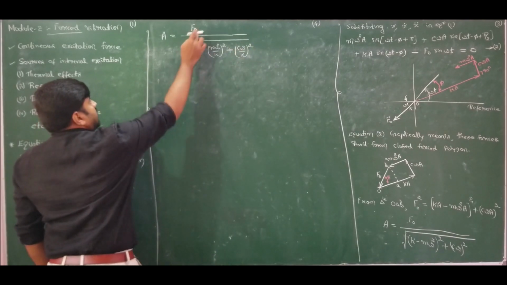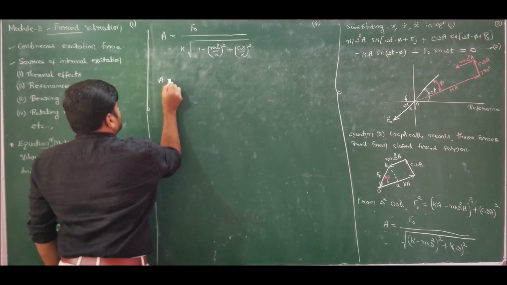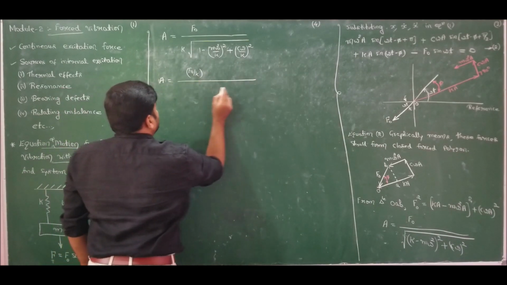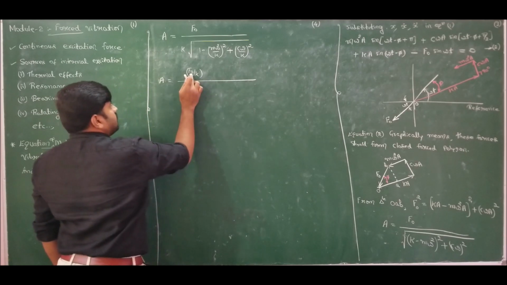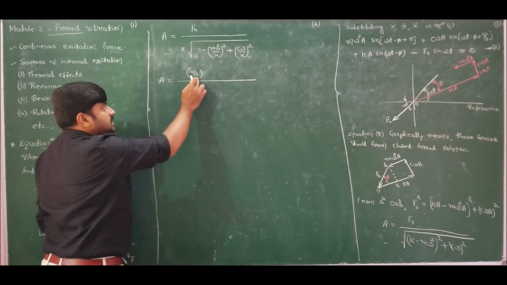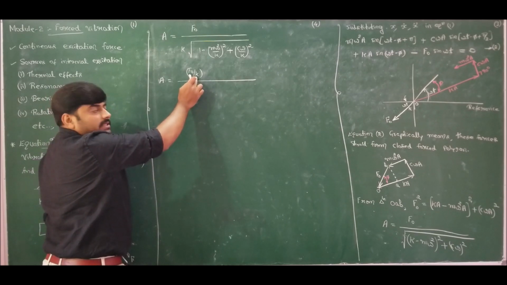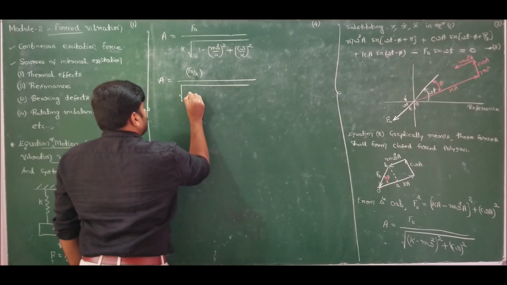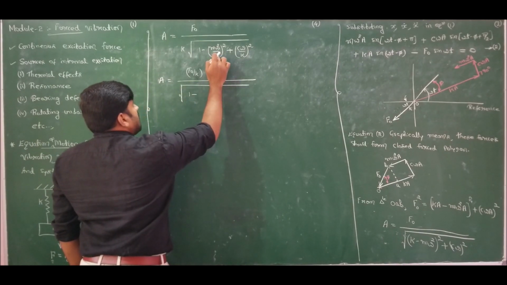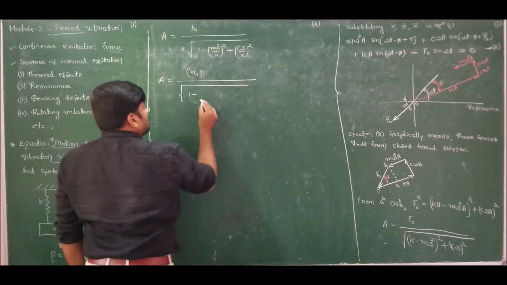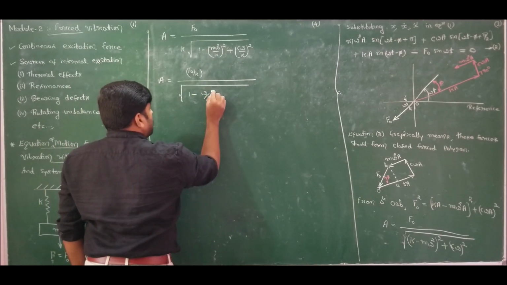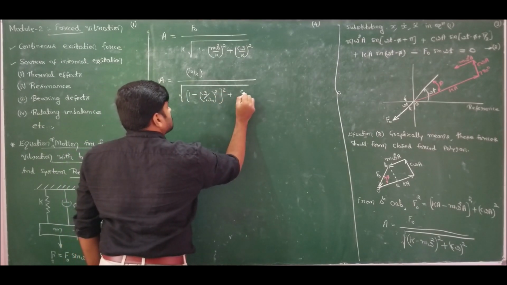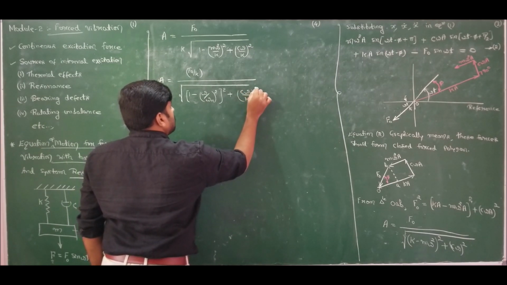Now I can take F naught by K and write it as static deflection, that is XS, because K is equal to F naught by X. So F naught by K is nothing but XS, static deflection, times square root of 1 minus omega by omega n whole square, because K by m is omega n square, right? Plus C omega by K square.